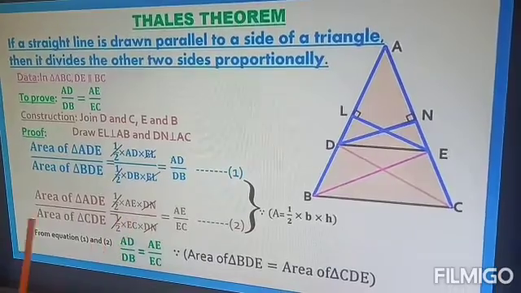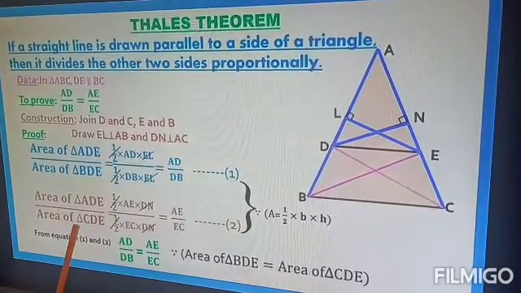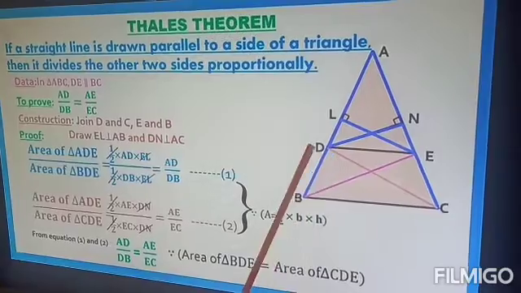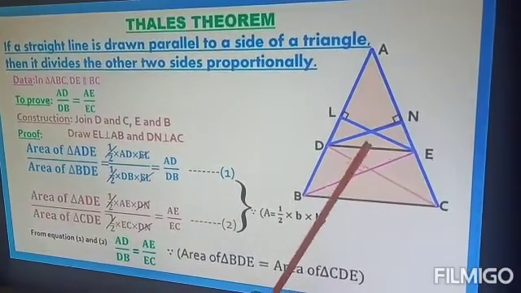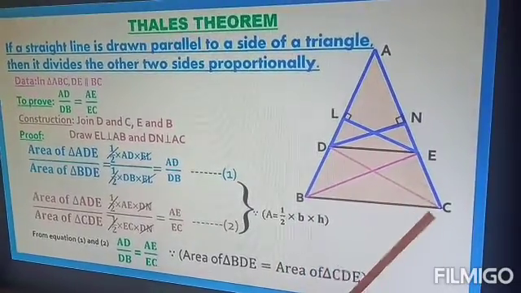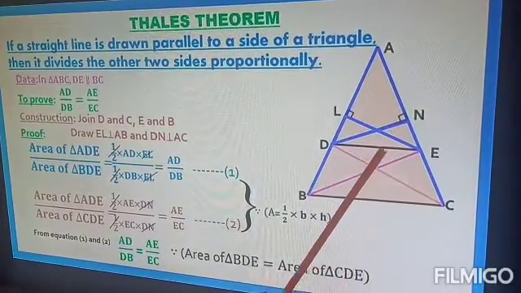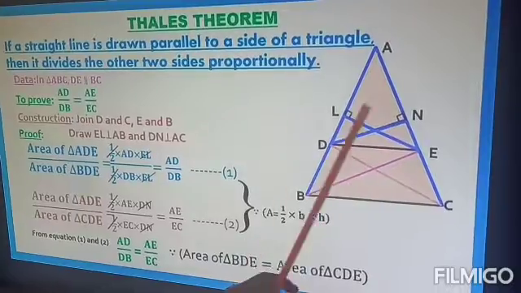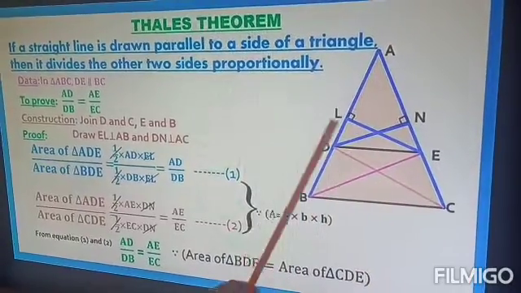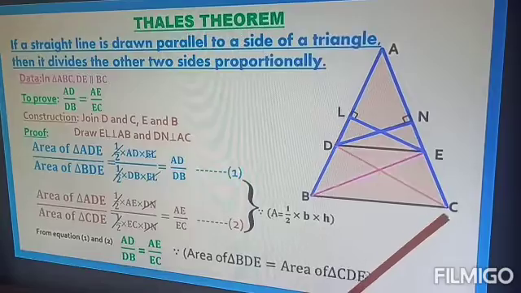Then in the denominator, the area of CDE. For this triangle, the base is EC or CE, and what is the height? DN is the height for the whole side AC.